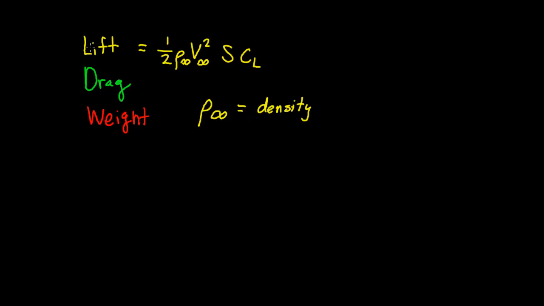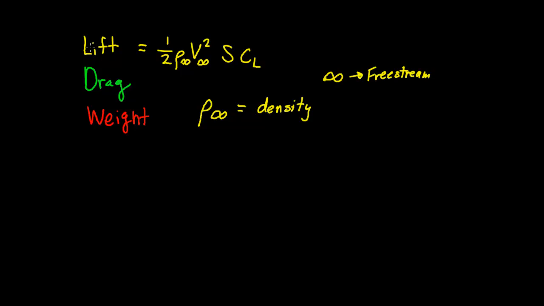So this is called the free stream density. Whenever we put this little infinity sign after something in the subscript, it means free stream. So infinity means free stream. And what we mean by free stream is whatever the vehicle is experiencing in the current air that it's encountering. And normally that's pretty straightforward, but we just indicate that as rho infinity, free stream.